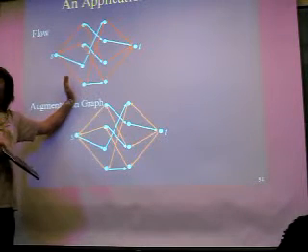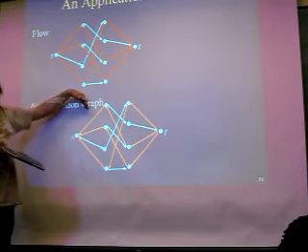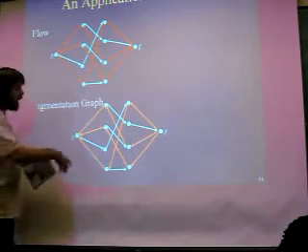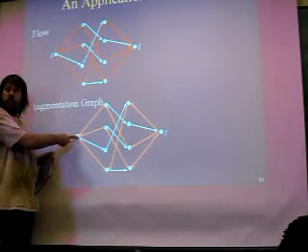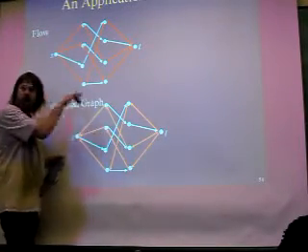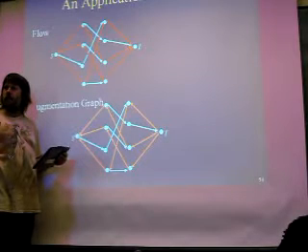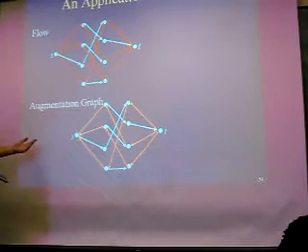But we're allowed to change the flow in this direction by 1 because we currently have a flow in this direction of 1. So in the augmentation graph, this says we're allowed to change the flow by 1 in this direction, because we're adding 1 to a pipe that doesn't have any flow. Does that make sense? You got that?